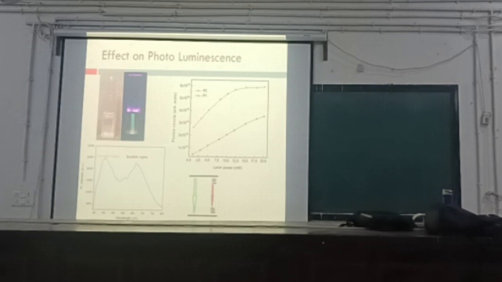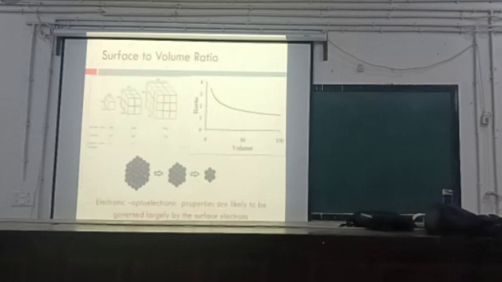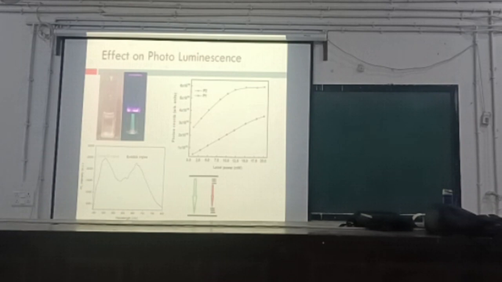Look at the intensity variation. This P2 is the high energy, the band to band. The band to band is saturating faster than the surface states. Why is it so? As in the previous slide, you have more surface states than bulk states. So the properties are primarily governed by the surface property, not the bulk property.